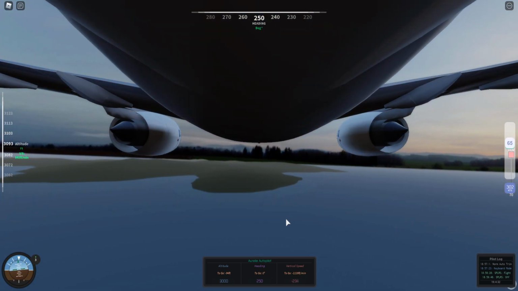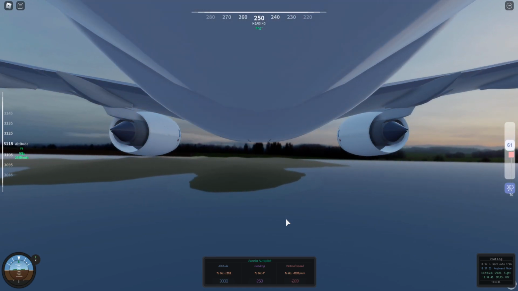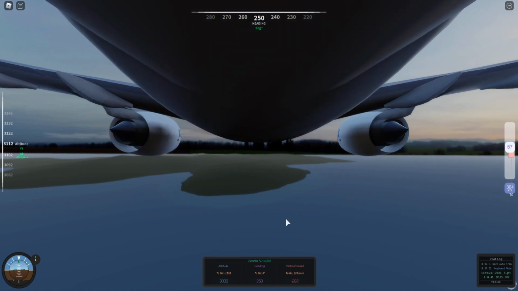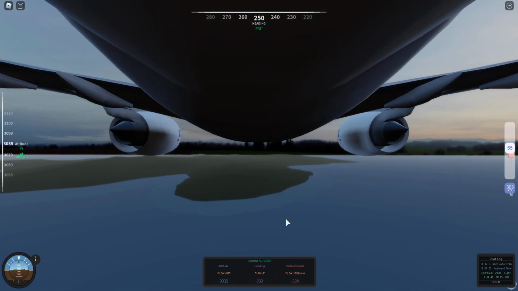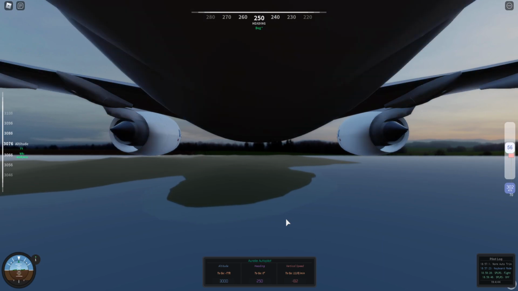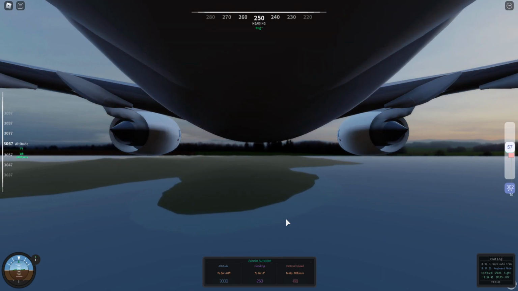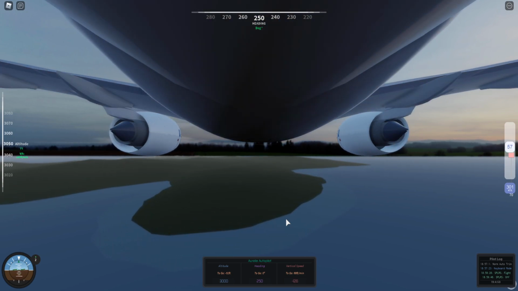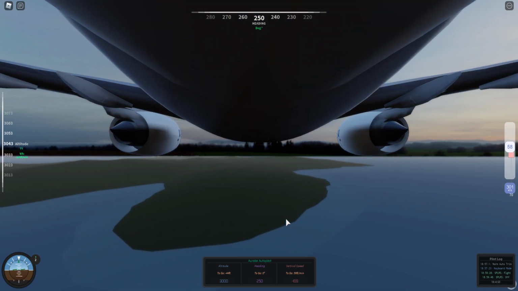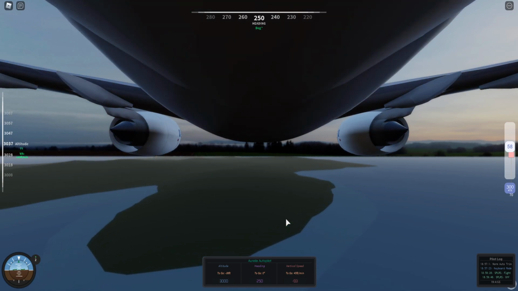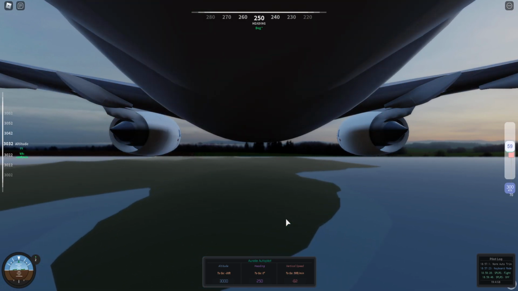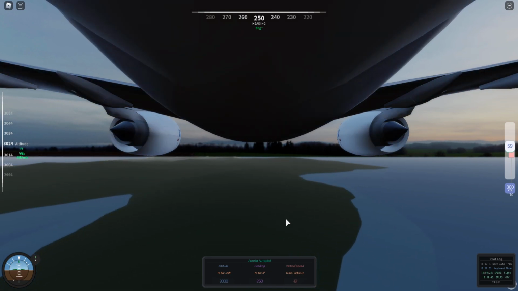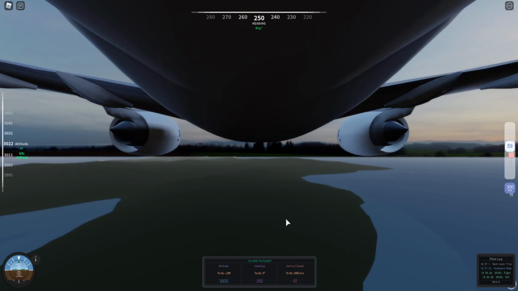Okay, there's actually a formula for load factor, and how it affects the plane when you go into a bank. Can't remember, I think it was 1 over cosine something. Most planes can only do a max load factor of 2.5 G. Anything higher than that, of course, you'd kill your passengers and you'd kill yourself probably, so it's not very good.